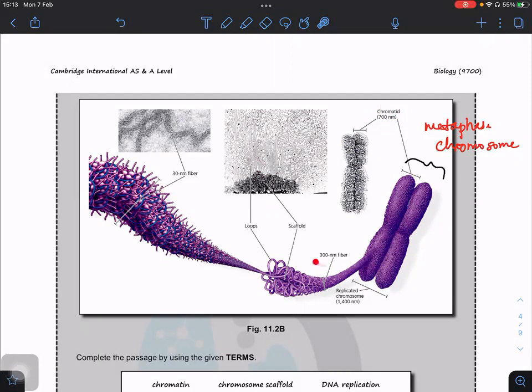When they supercoil onto this protein scaffold to form a chromosome, then we will be able to see them using the light microscope. The rest, we have to use the electron microscope. Clear, guys? Okay, so try to answer the question there.